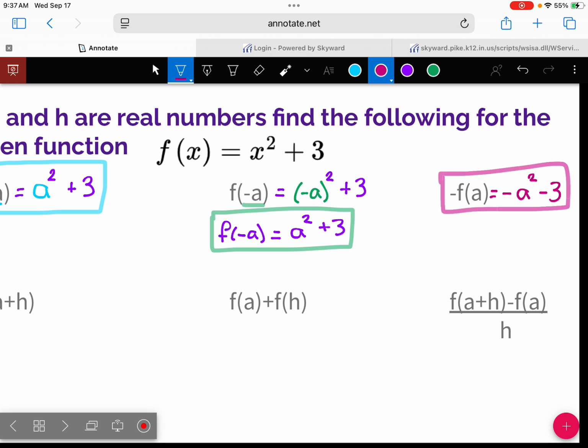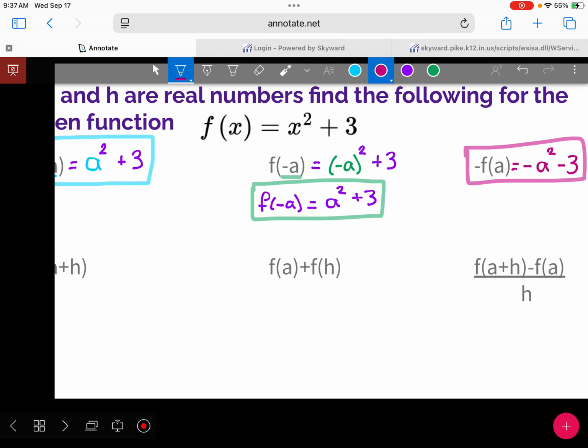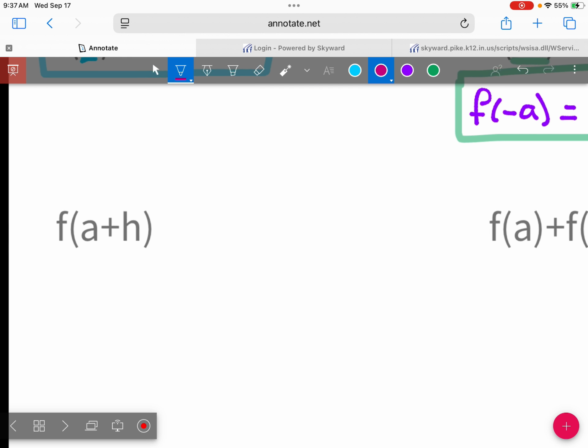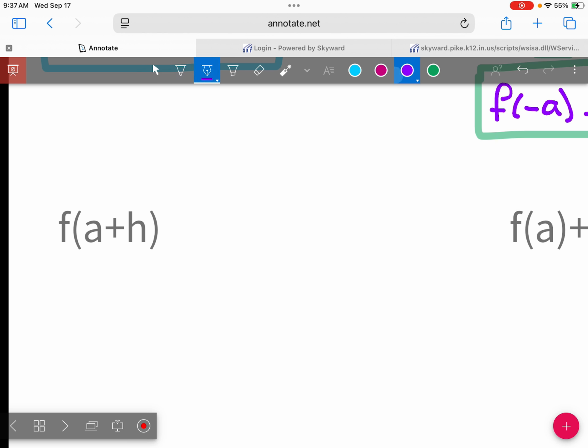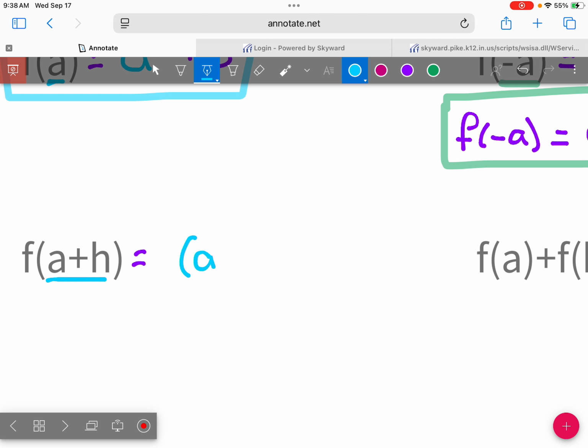So we have all those pieces. Those ones aren't awful. The bottom row is a little unpleasant, but we're going to go through it. When we start getting into things like this a plus h, we have to make sure we're substituting in carefully, because we need to have our a plus h as a quantity squared plus 3.